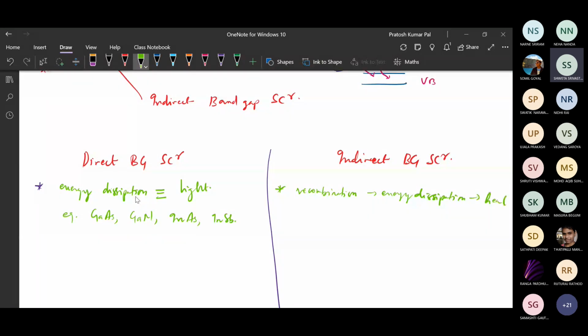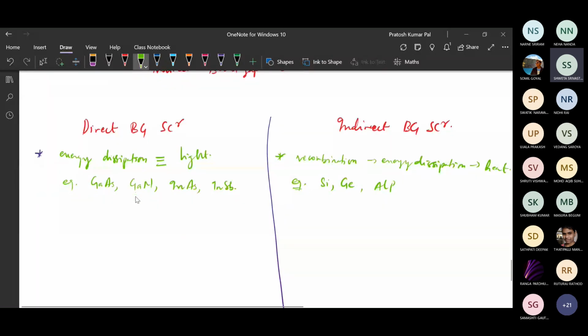Examples of indirect band gap semiconductors are silicon, germanium, aluminum phosphide, aluminum arsenide, and gallium phosphide. So these are indirect band gap semiconductors.